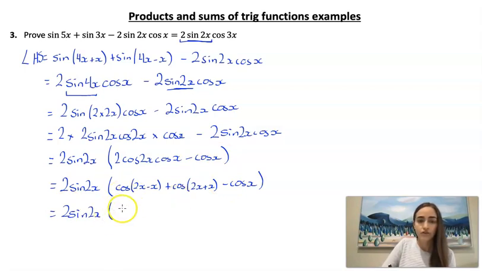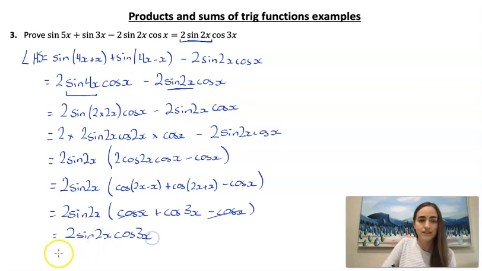So simplifying those, we'd have a cos x plus cos 3x minus cos x. Those two there are going to cancel out, so we'll end up with our 2 sine 2x cos 3x, which is our right-hand side that we were aiming for.